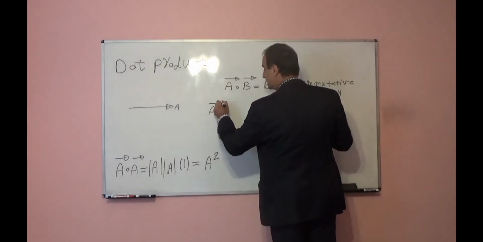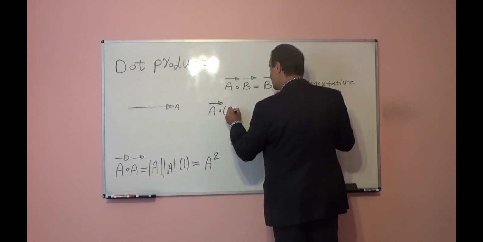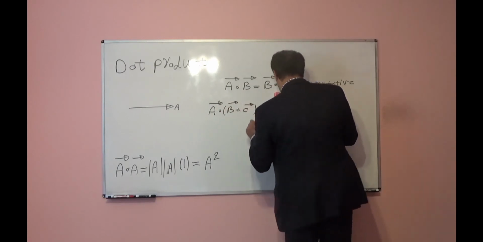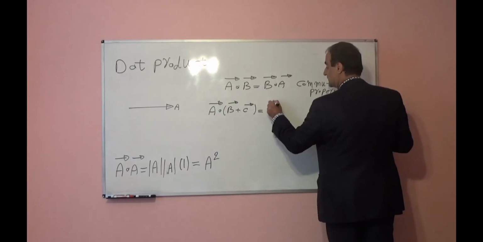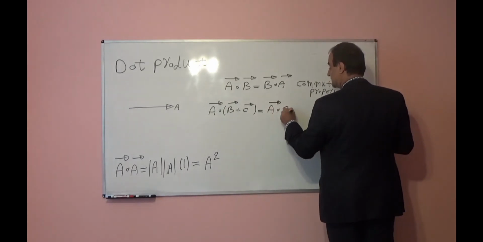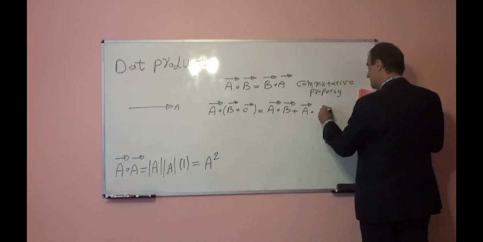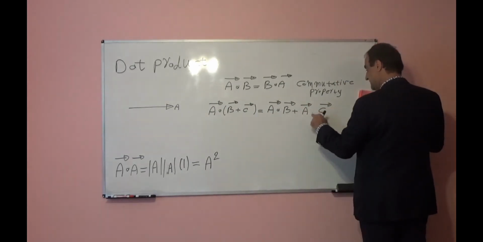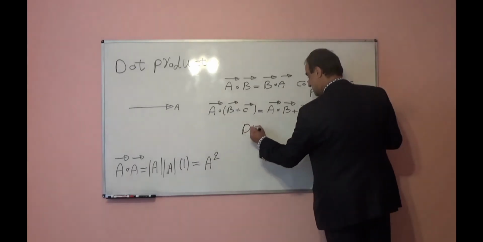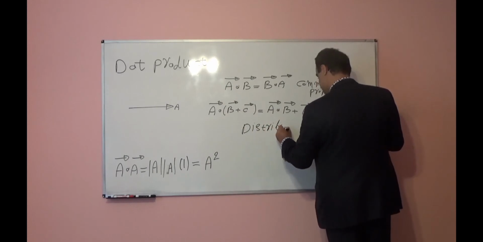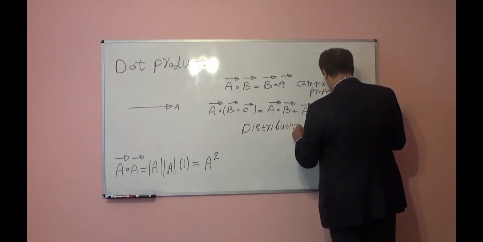We can prove A dot the sum of vector B plus vector C will be equal to vector A dot vector B plus vector A dot vector C. We call this the distributive property.